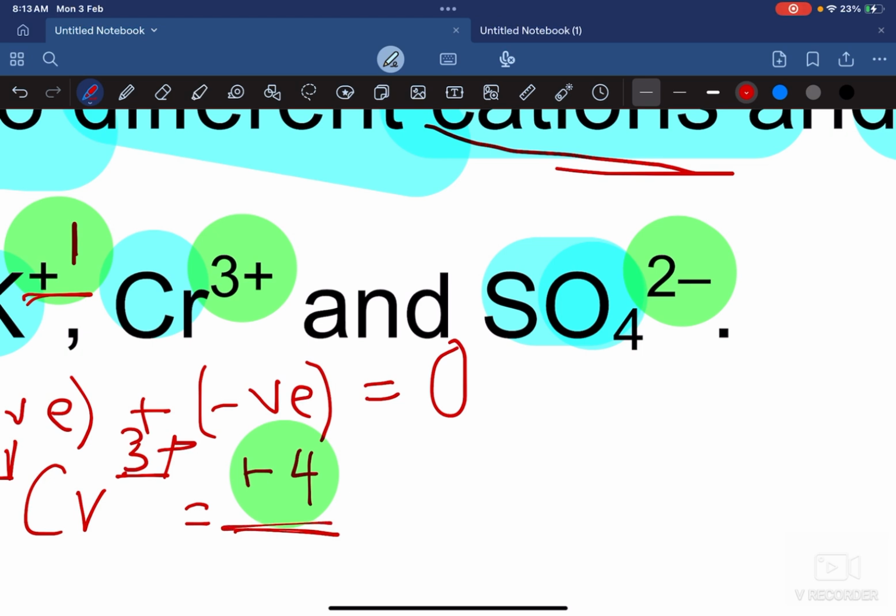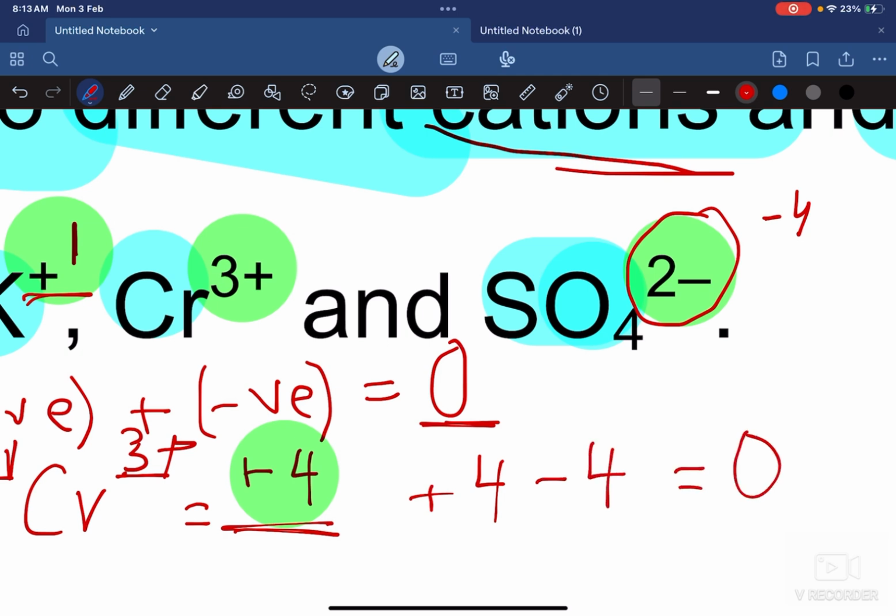We need a charge of -4 to balance out +4, so we get 0. We know that the net charge of a neutral compound is always going to be 0. We got to create a 0. We have +4 charge, and now we need a -4 charge to balance it out, so we get a 0. I hope this part makes complete sense, because that's simple maths.